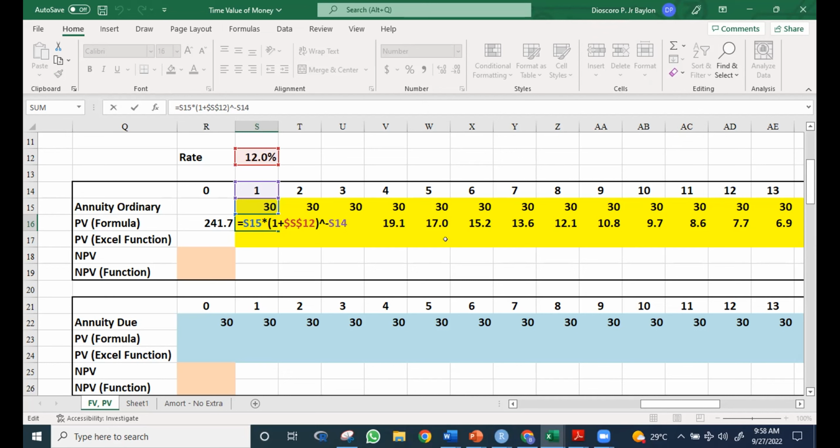Once you're done, kindly please chat so that I know if I should continue already. Please chat if you got 241.7 as the present value.